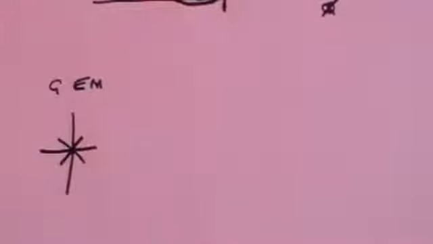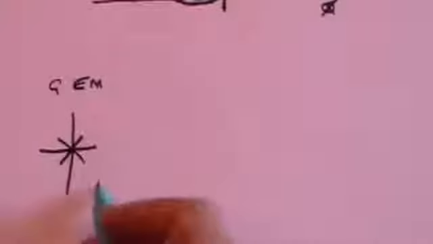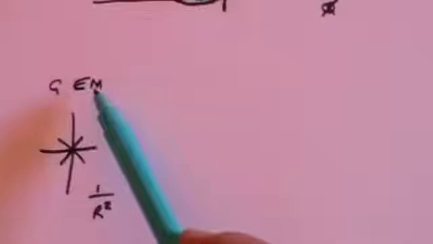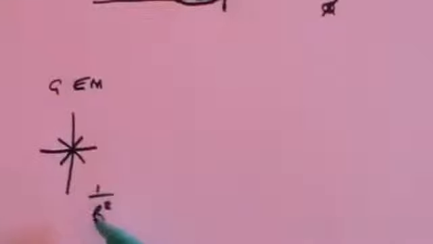A light beam's intensity falls off as 1 over r squared. In other words, the further you go away, the intensity falls off 1 over r squared. In exactly the same way that the gravitational force and the electromagnetic force fall off on a 1 over r squared term. They are infinite because no matter how far you go away, no matter how large r is, 1 over r squared never gets to zero.